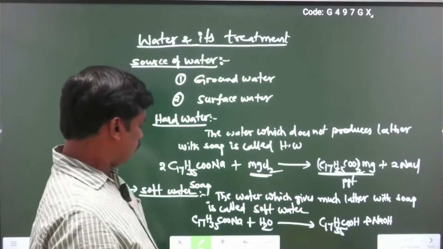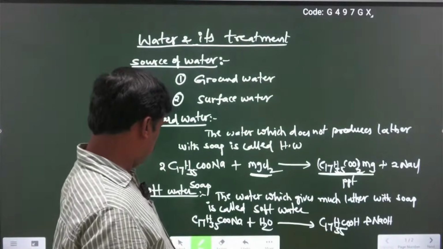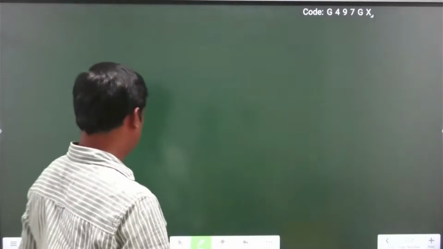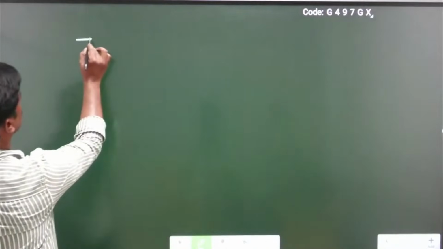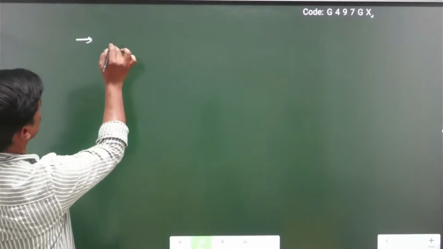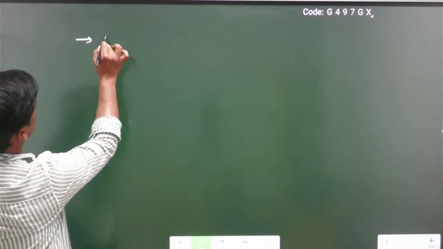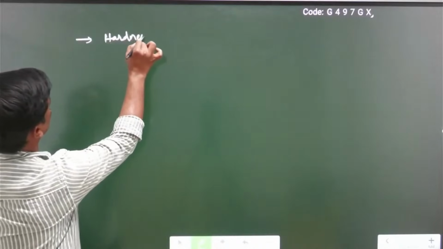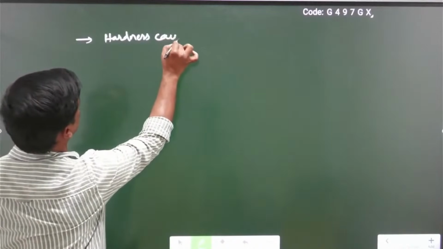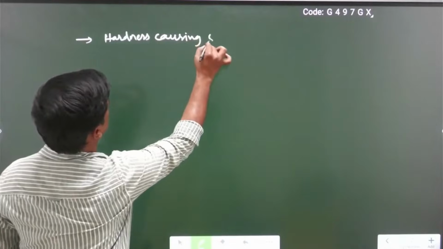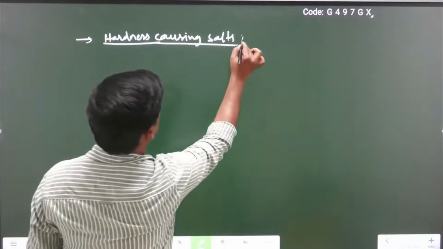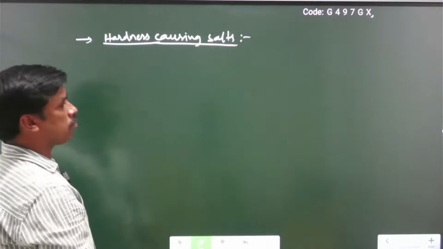Next I am going to explain types of hardness of water, and hardness causing salts. Then after I would like to explain types of hardness of water.